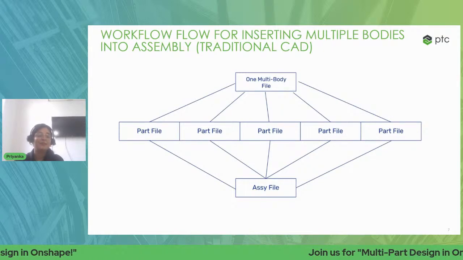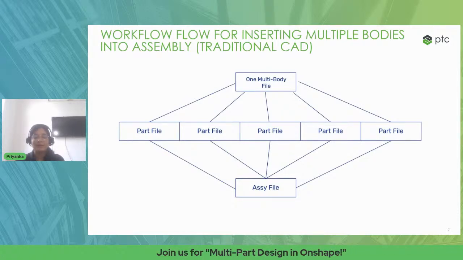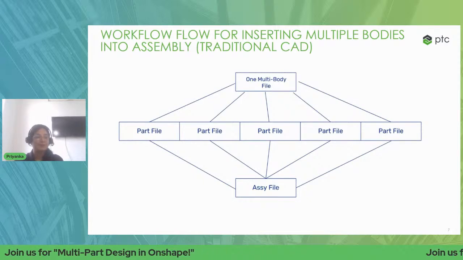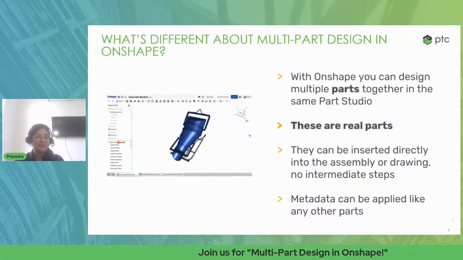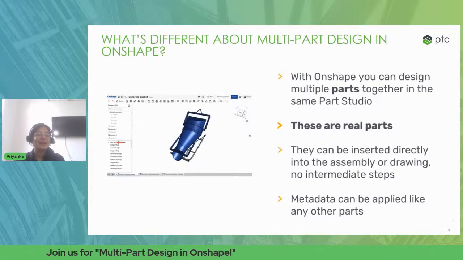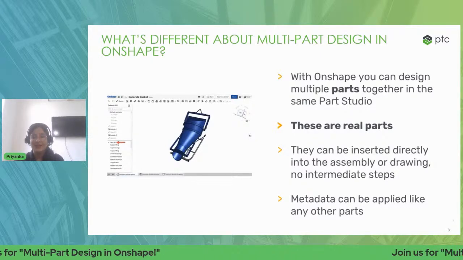And I think that's where Onshape came into the picture, and we have to reduce that step. So let's have a look at the basic differences when you talk about multi-part design in Onshape and any traditional CAD system.